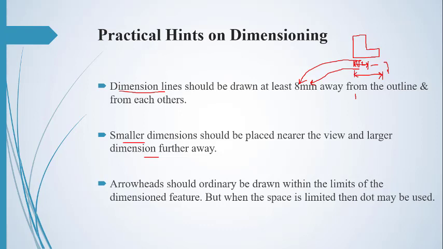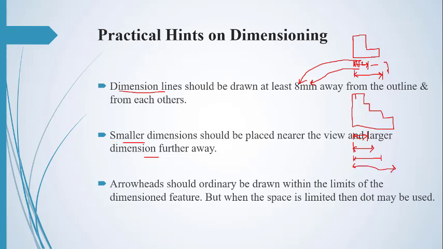For example, if we have a stair like this one and I want to construct dimension lines, for the first step I will draw a small dimension line. For the second one, 8 millimeter apart, every dimension line. For the third one, and finally for the fourth one.